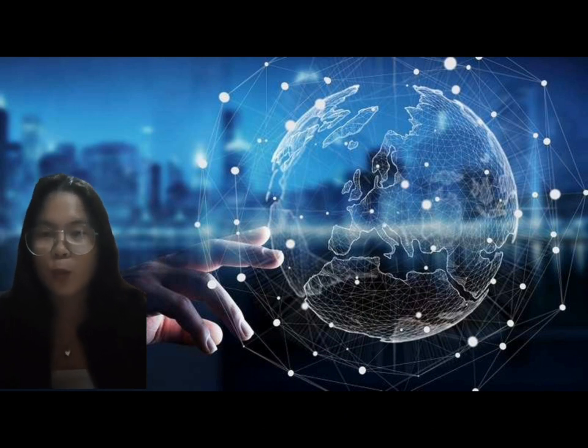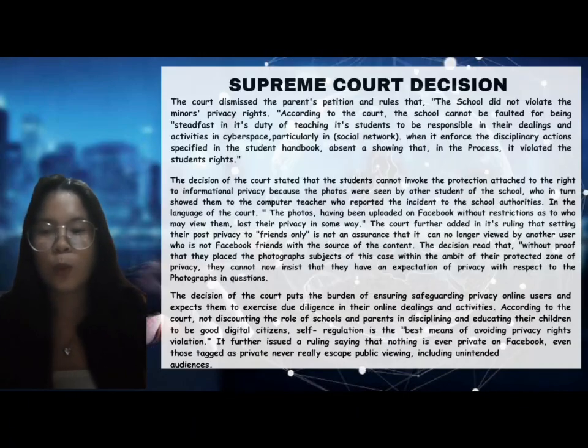So let's see the decision of the Supreme Court in this case. The court dismissed the parents' petition and ruled that the school did not violate the minors' privacy rights.